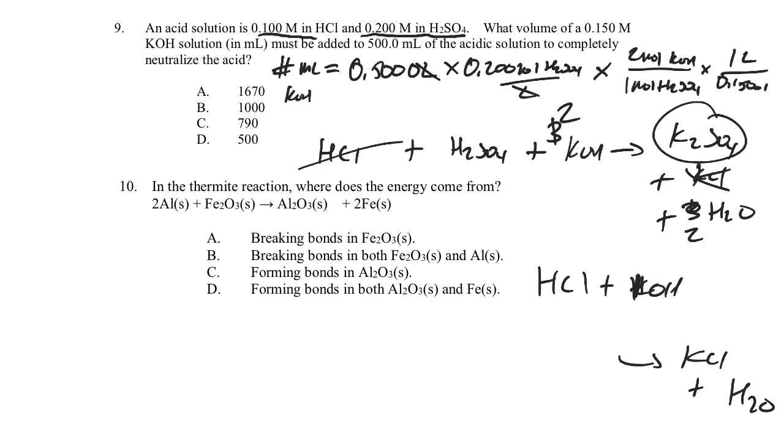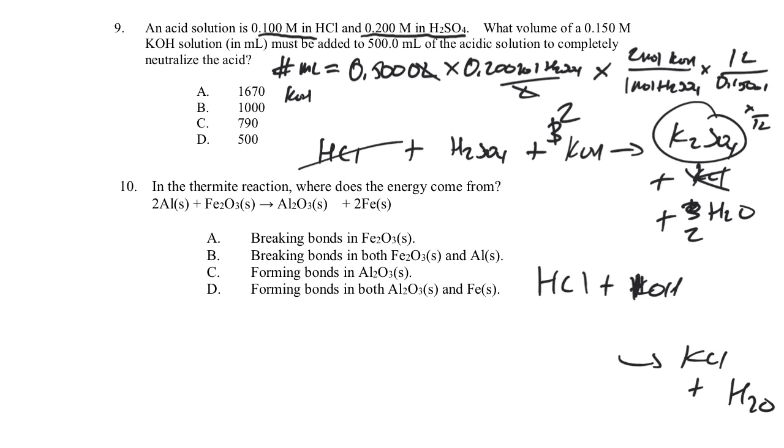And then a liter is 1,000 milliliters. If I carry out the first step here, 0.5 times 0.2 times 2 divided by 0.15 times 1,000 milliliters.